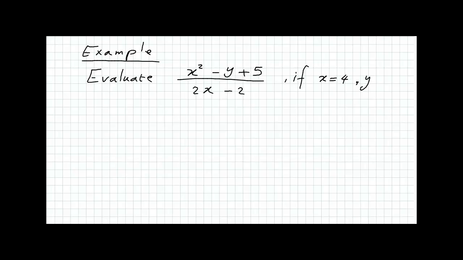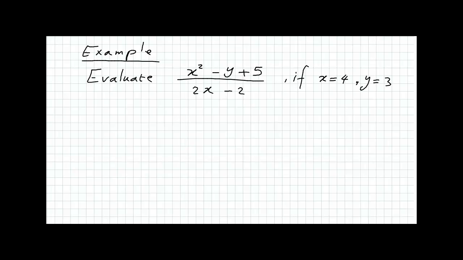Example: evaluate x squared minus y plus 5 over 2x minus 2, if it is given that x is equal to 4 and y is equal to 3. So to evaluate this algebraic expression, you should substitute the values of x and y inside the algebraic expression.